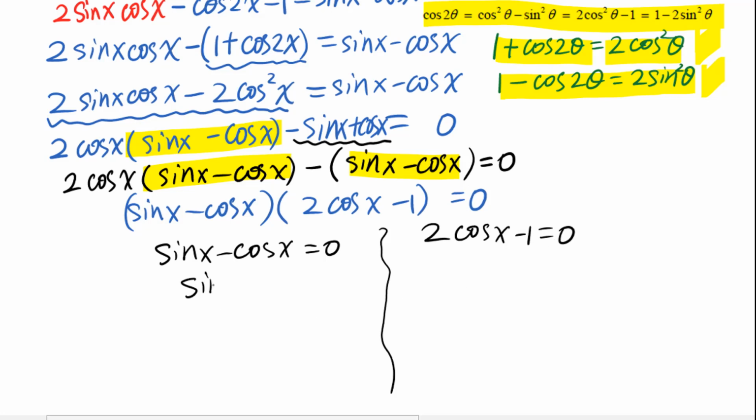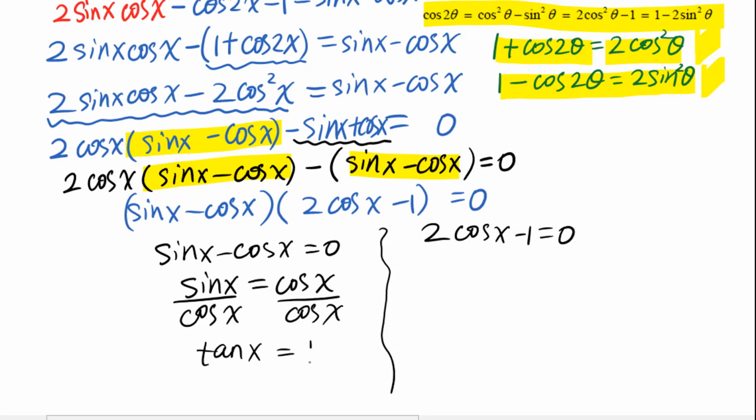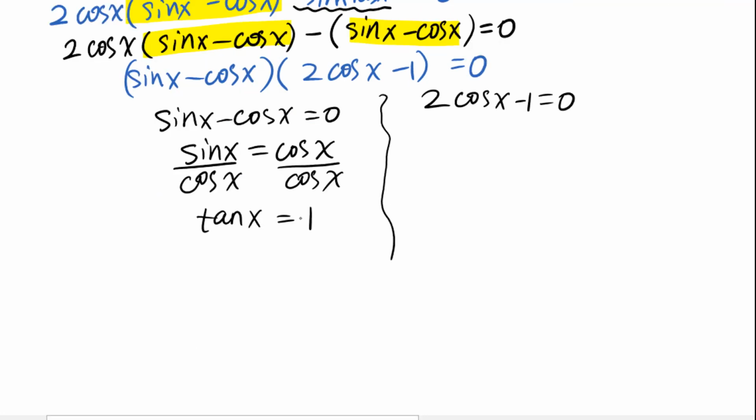For this one, we have sine x equals cosine x. Then we divide both sides by cosine x. You will get tangent x equals 1. Since tangent x equals 1, this is positive. It will go to the first and third quadrant.